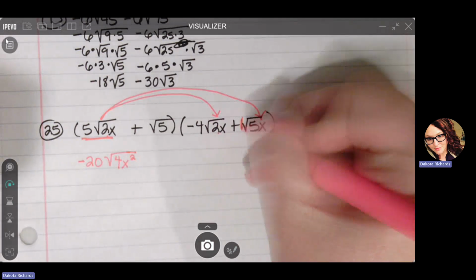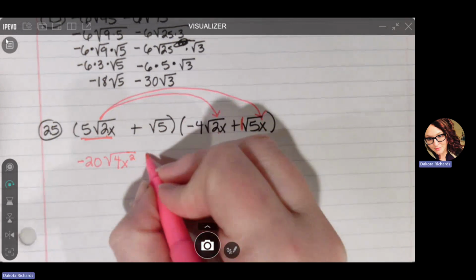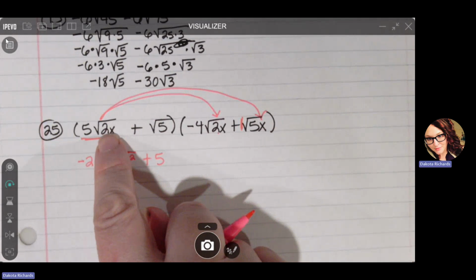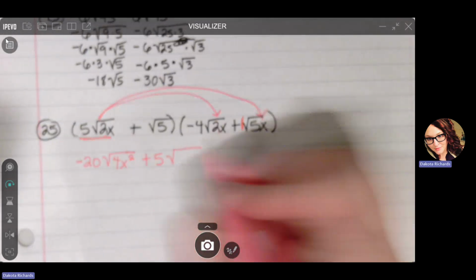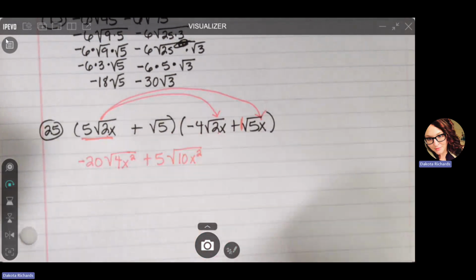It's technically a 1. 5 times 1 is just 5. Square root 2x times square root 5x is just the square root of 10x squared. Okay, so we have successfully distributed that.